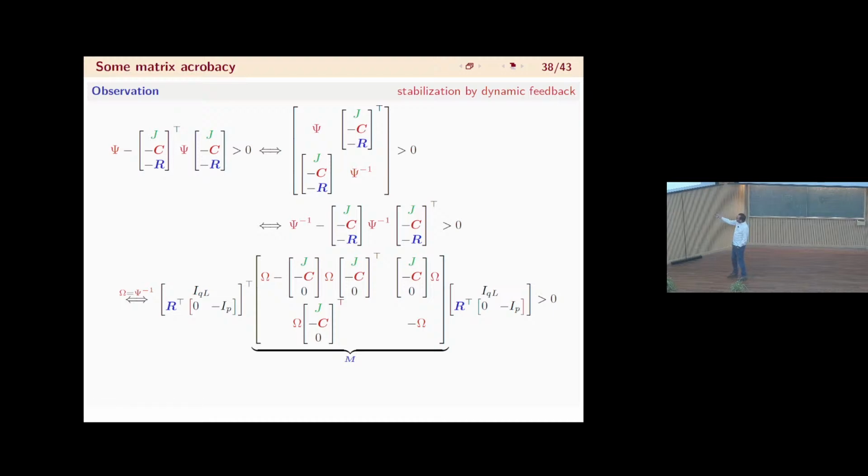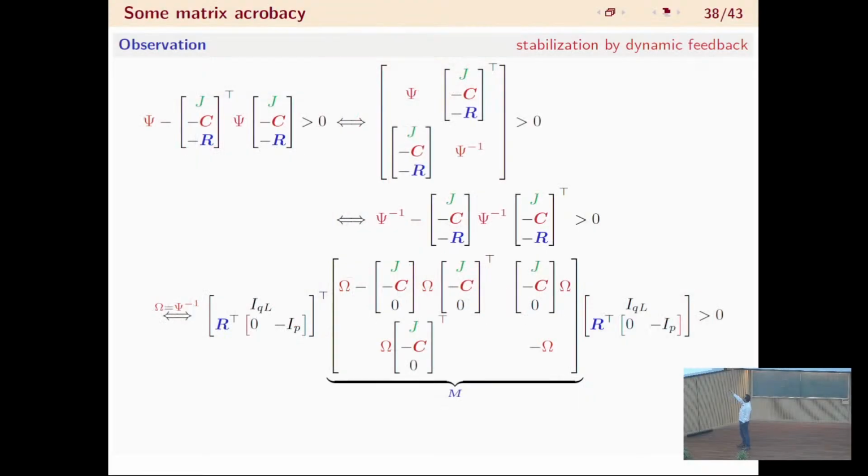Now, if I define psi inverse as omega, I can write this matrix inequality in the following way. This term is related to data consistent. I am trying to write this inequality as a QMI, in terms of R this time, because R is the unknown.